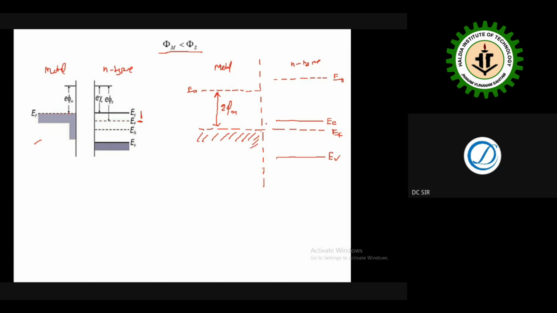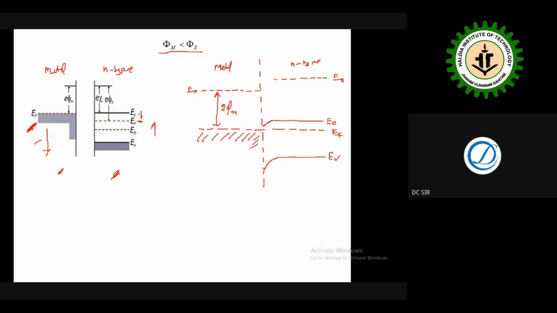So due to that, at the junction, the conduction band is bent this way, because you see the left side is metal and the right side is N type. When it makes a junction, the carriers move from either side. So the Fermi energy level of the metal goes downwards and the Fermi energy level of the N side goes upwards.